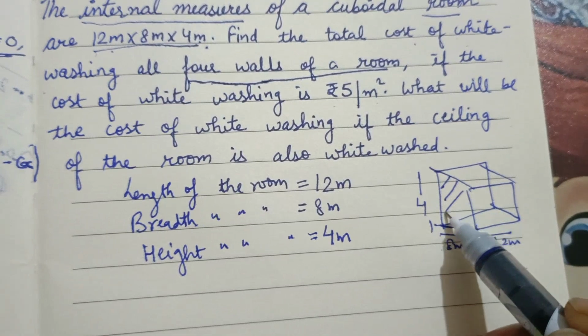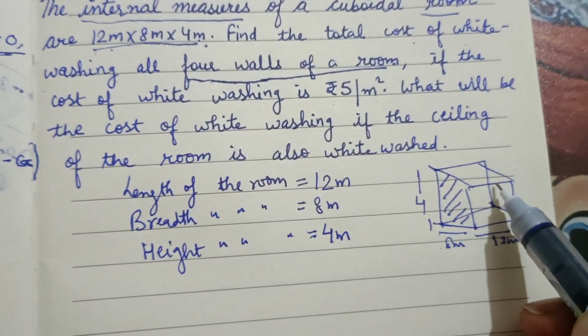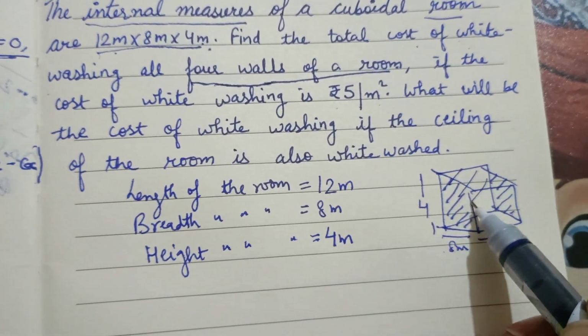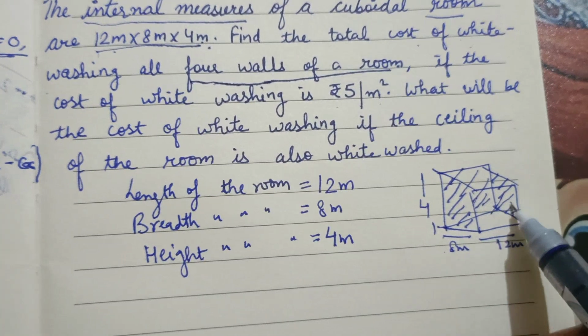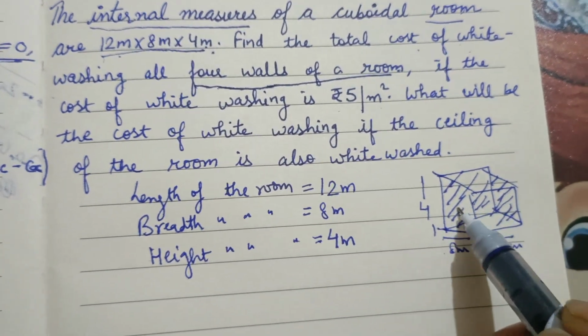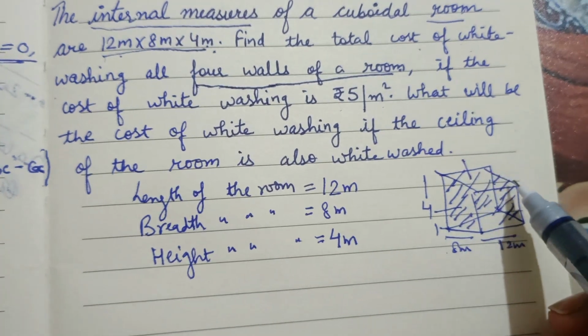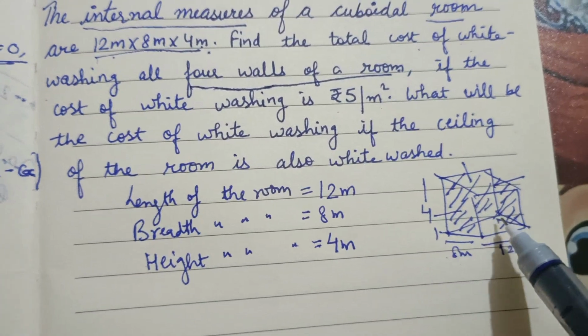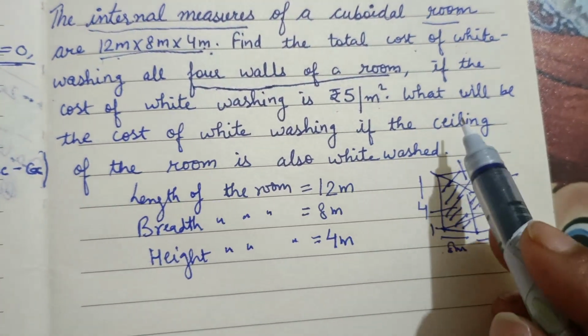So this is wall 1, 2, 3, the back side and the front side. These are the 4 walls for which we have to find the area.